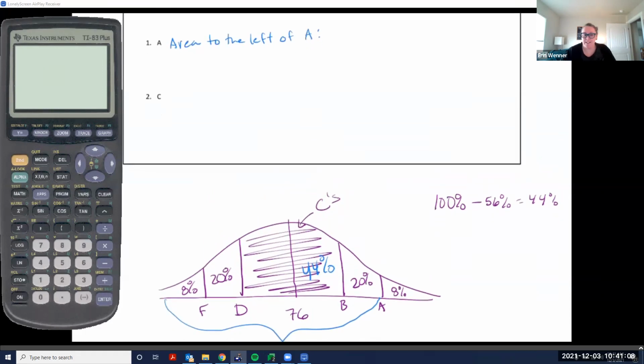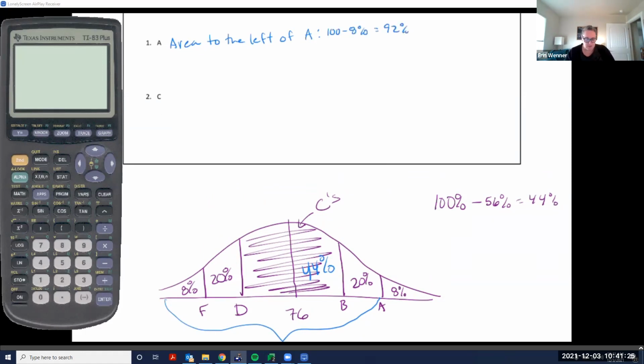And how do I get that 92%? Well, 8% represents the A's. That's to the right, A and above, 8%. The rest of it has to be 92%, or 100 minus 8%, which gives us 92%.